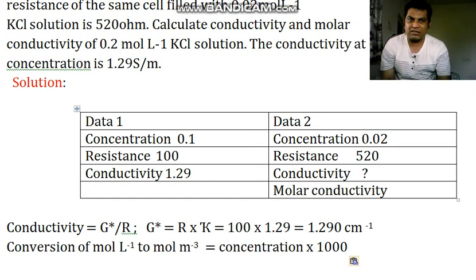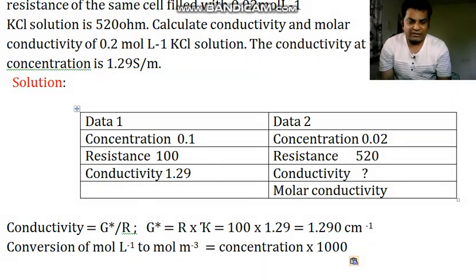See dear students, this conversion is important. Here we are given everything in mole per liter, so first we have to convert that into mole per meter cube, because the units are given in meter cube and centimeter cube. So that's why I am going to do this.